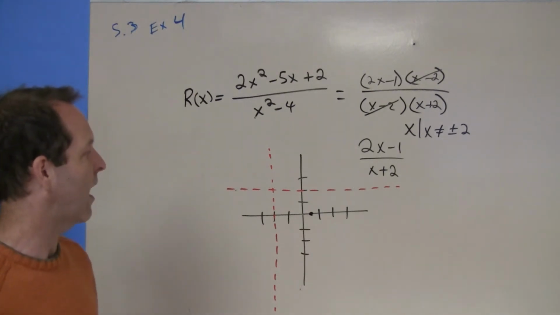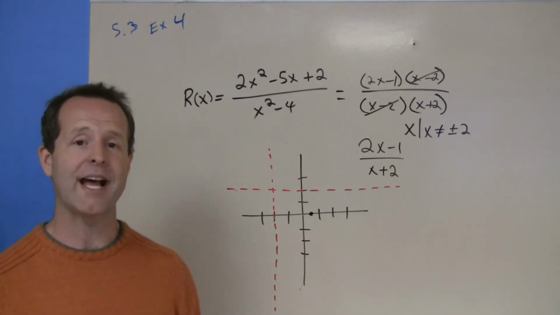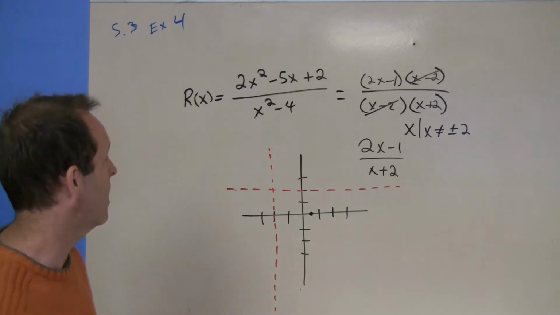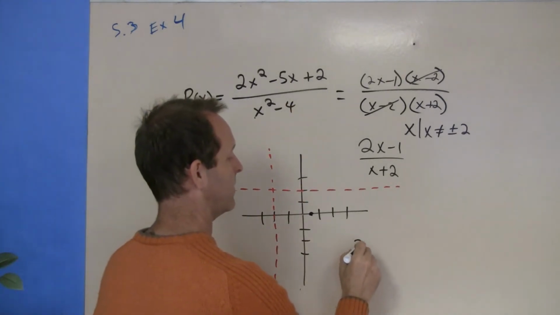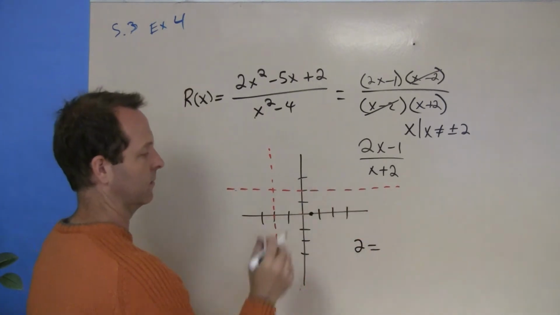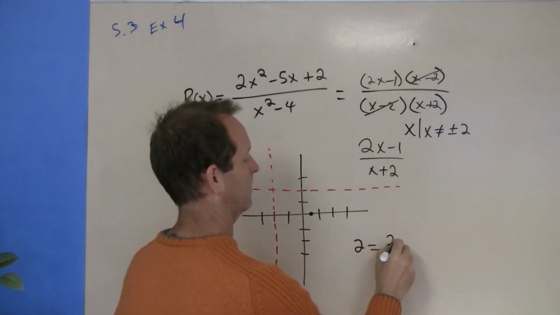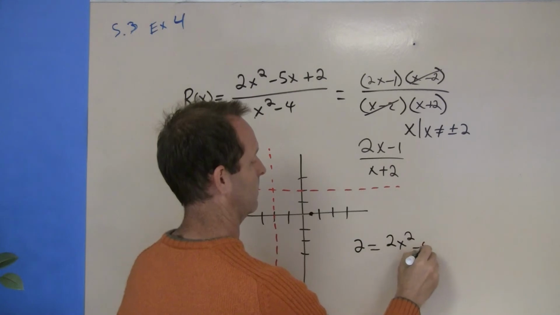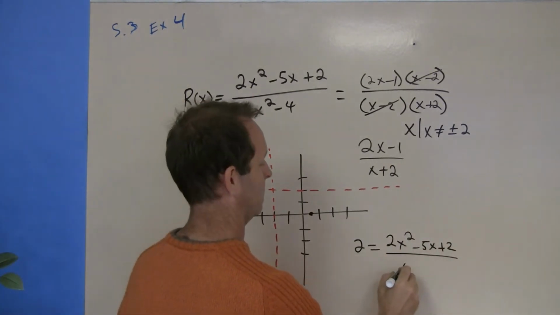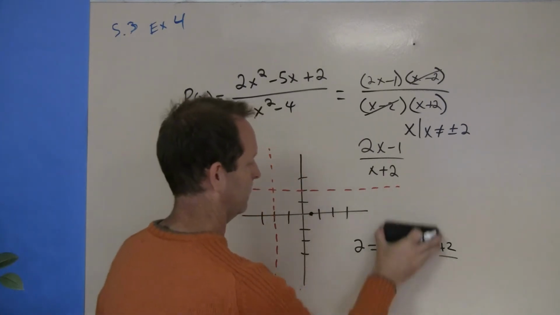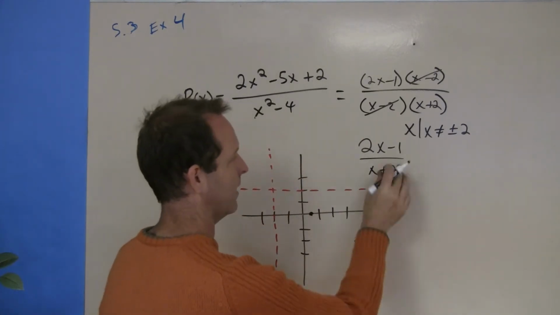I also want to find out at that line, does the graph cross or pass through that asymptote at any point in time? To figure that out, I will take my function and set it equal to 2. Whoops. Set it to my function.